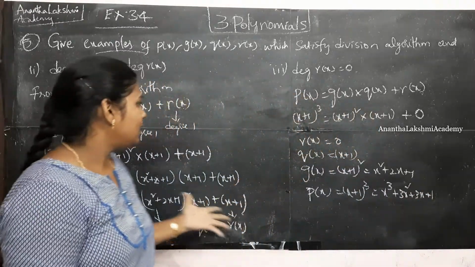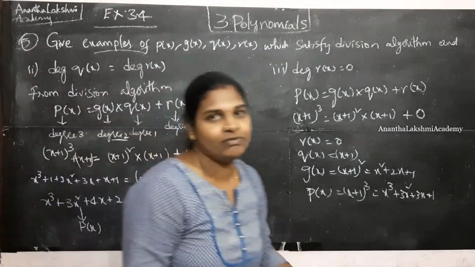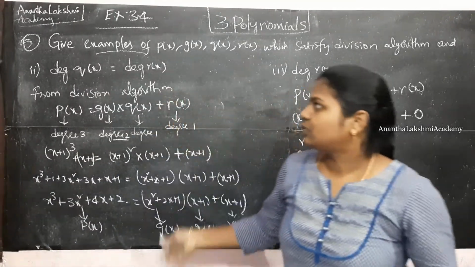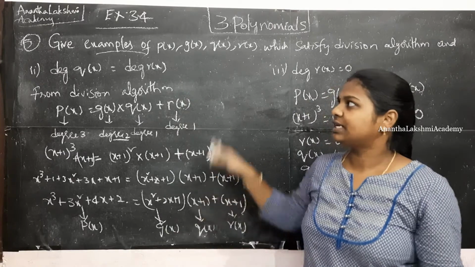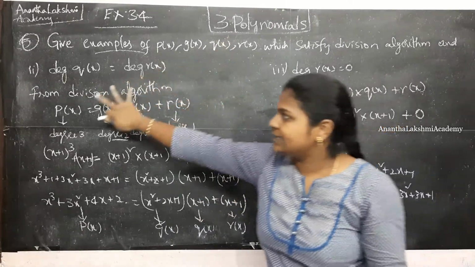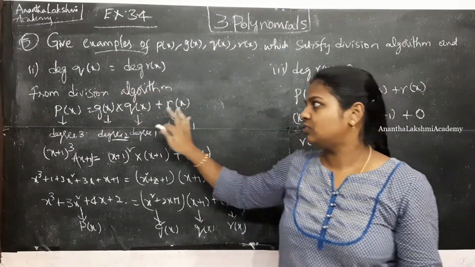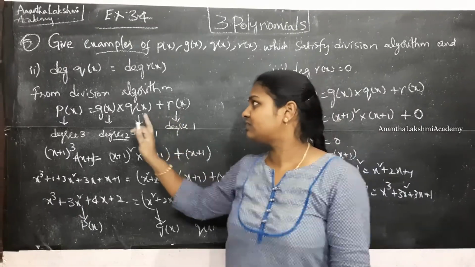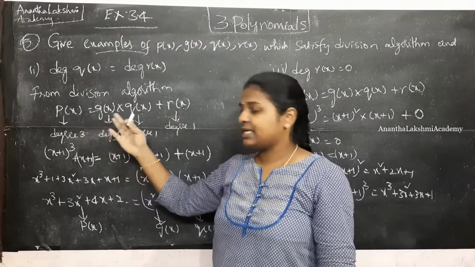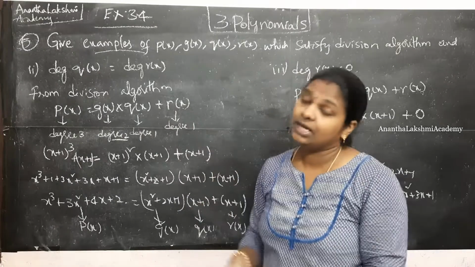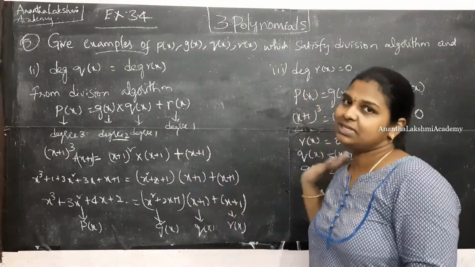Alright, these statements and all you can copy from whatever your teacher says. So this is how you need to solve the problems in this bit. You need to take the division algorithm, assume a value to each of the polynomials p of x, g of x, q of x, the degree you have to define, and then solve the problems accordingly.